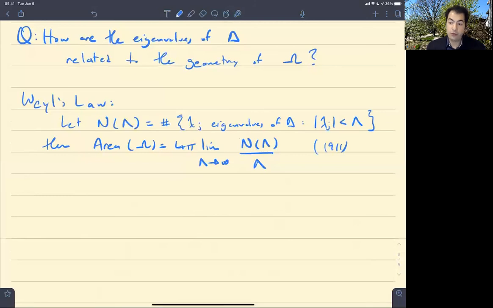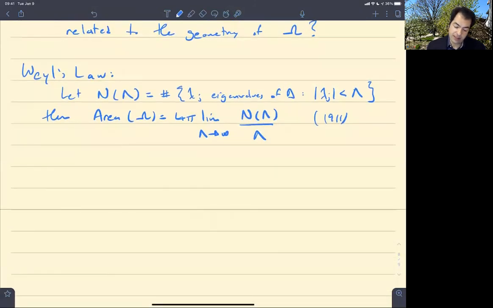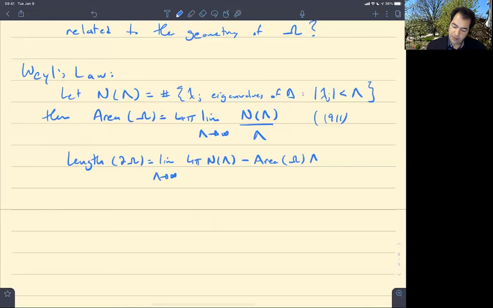He conjectured, and it was proven by Victor Ivrii in the 80s, that you could also get the perimeter from the eigenvalues. In fact, the length of the boundary is equal to the limit as you go to infinity of 4 pi times the counting function minus the area of Omega times Lambda, divided all by square root of Lambda.